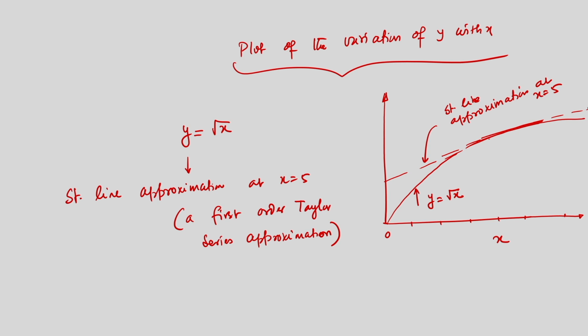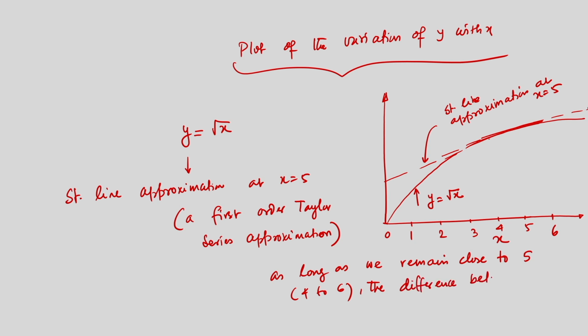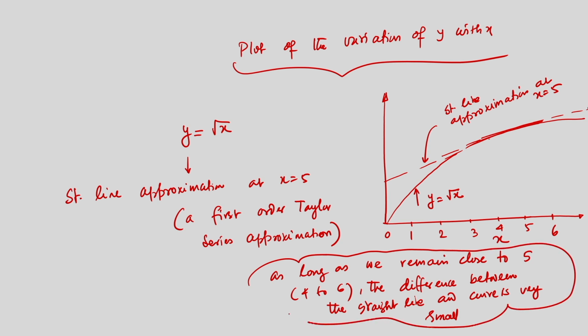What we can see from this figure, which is very important, is that as long as we remain close to 5, that is 4 to 6, so this is 1, 2, 3, 4, 5, then this is 6, the difference between the straight line and the curve is very small.